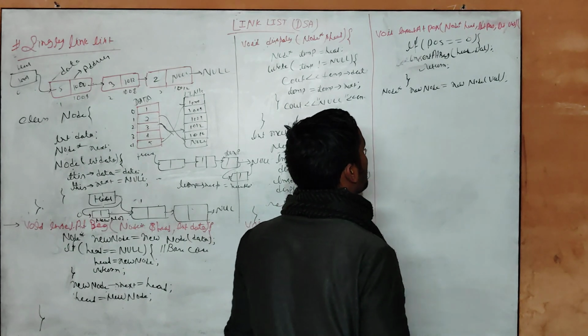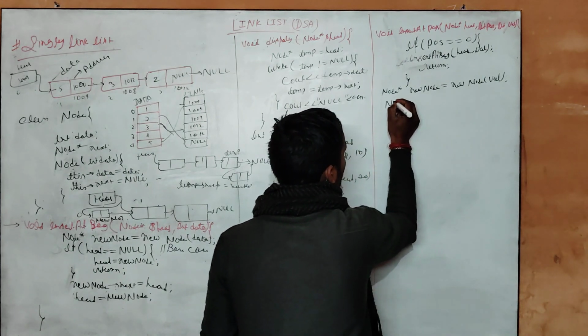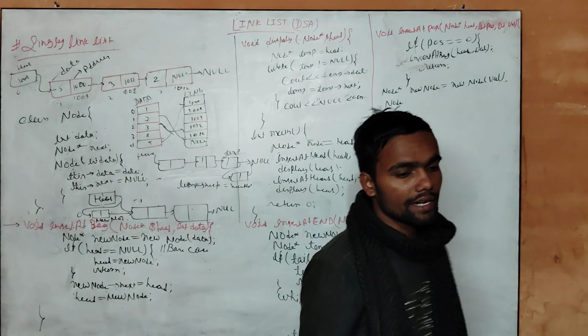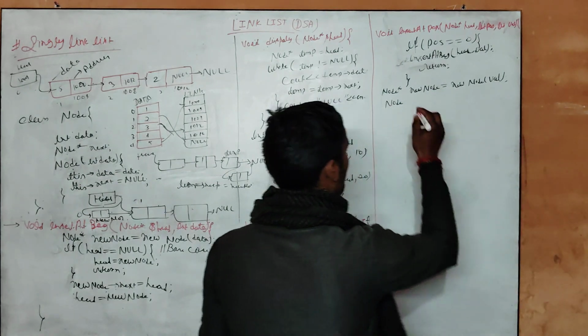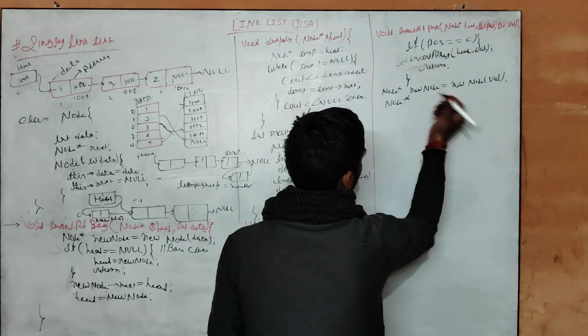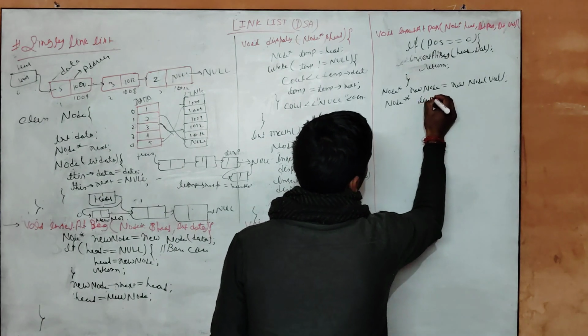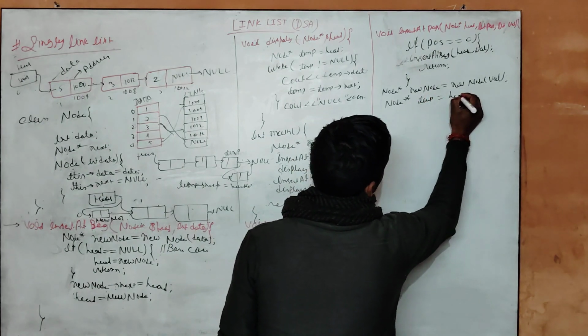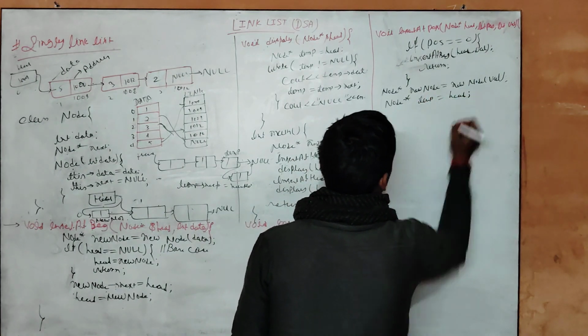Next line, what will be written in the next line? I create one temporary node because I want to insert at the position. Okay, let's see how to insert at the position. Temporary node, temp is equal to head.